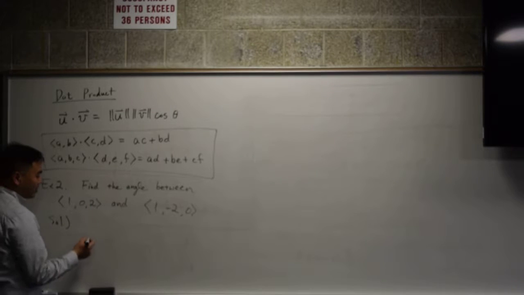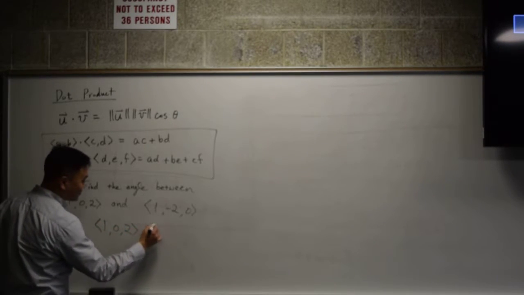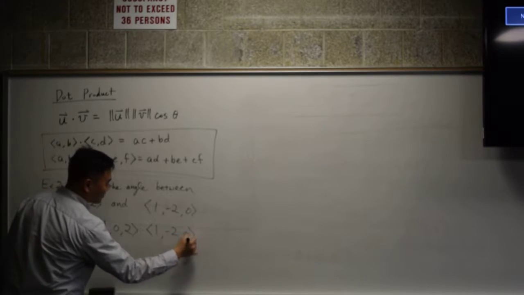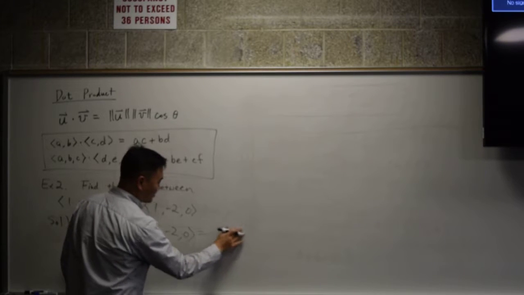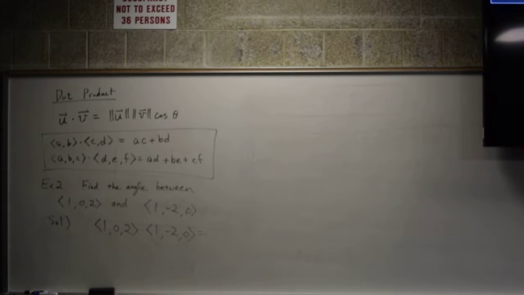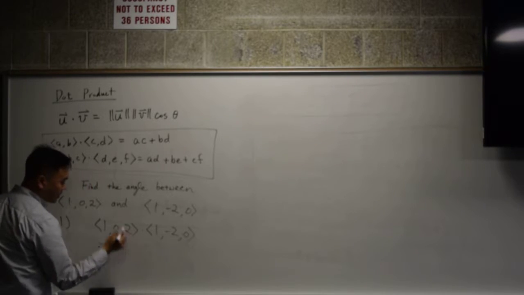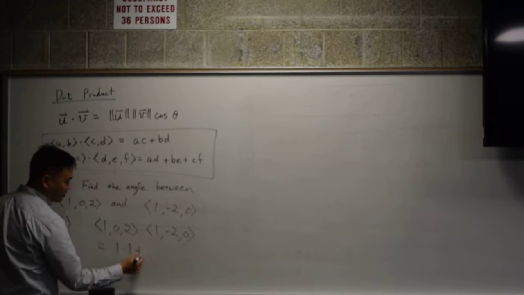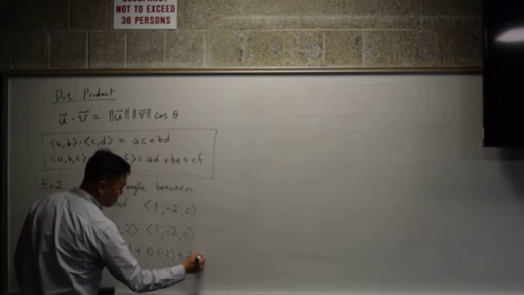All right, I'll take the dot product because that's the only thing I know what to do. Okay, what's that? That's 1 times 1 plus 0 times negative 2 plus 2 times 0.